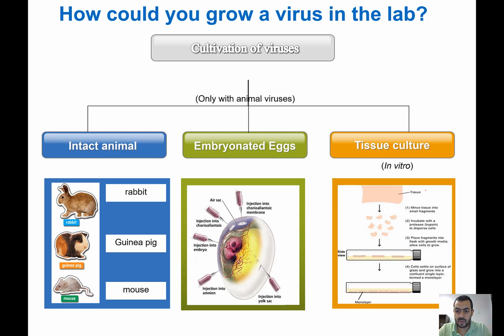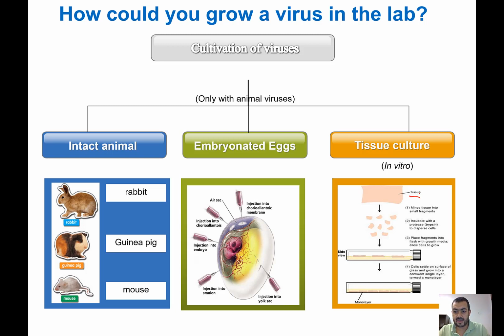We start with a tissue. As you know, this tissue represents the specific host range of that virus. So let's imagine a virus infecting liver cells. We will get a tissue of the liver, and then we cut the tissue into small fragments and treat them with a protease enzyme that helps us to fragment or disrupt the tissues that join these cells.